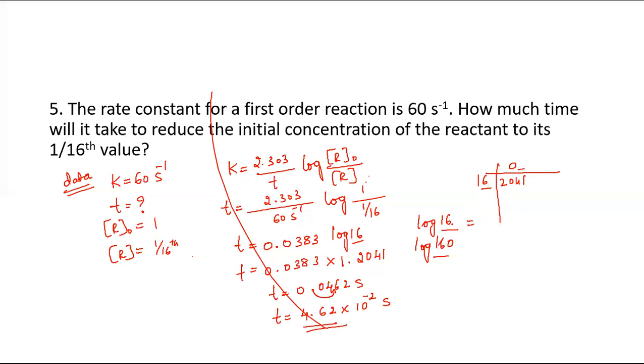So the value of log 16 will be 1.2041, whereas for 160, since we have 3 digits, we do 3 minus 1, 2, so we will get 2.2041. This is the difference between 3 digits and 2 digits. Okay, if you get a fourth digit, then you have to add the mean difference. Okay, understood? Any doubts? Okay, so we'll move on to the next topic.